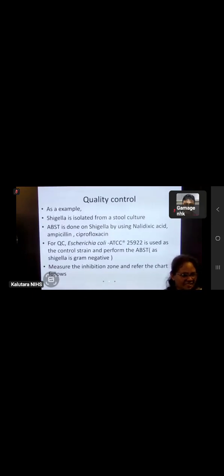And then you incubate both plates. After incubation, you measure the inhibition zone of the quality control plate and refer to the chart given by the CLSI.